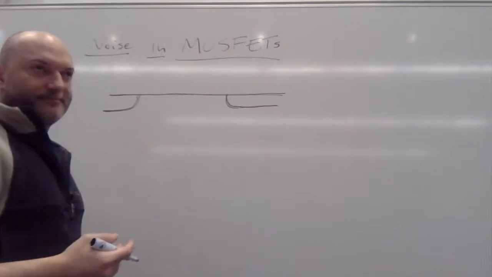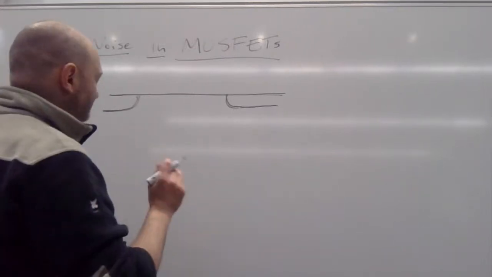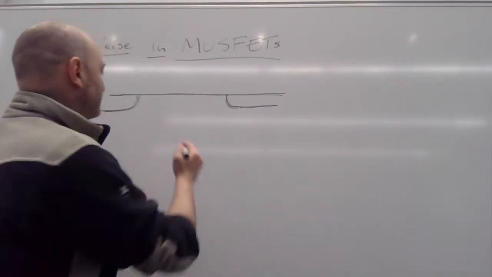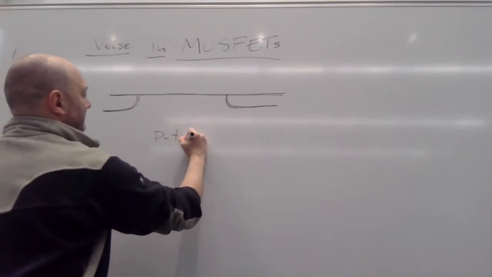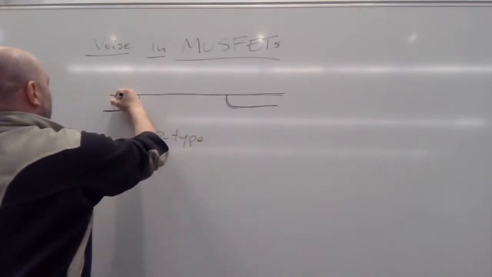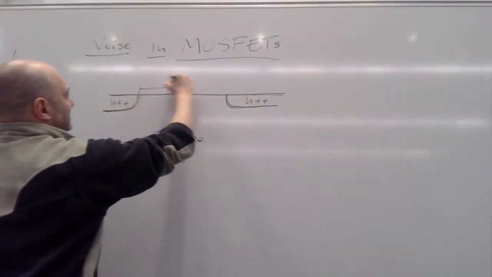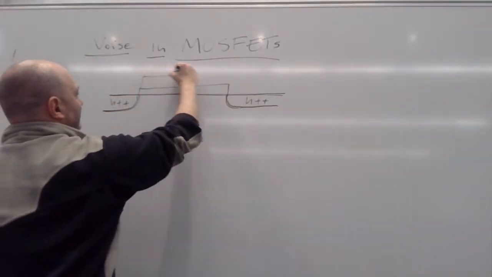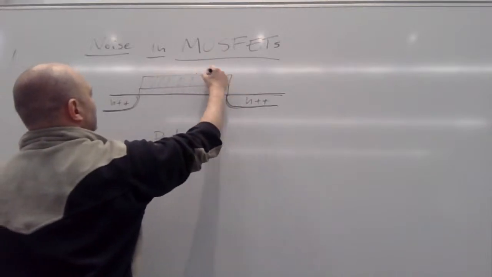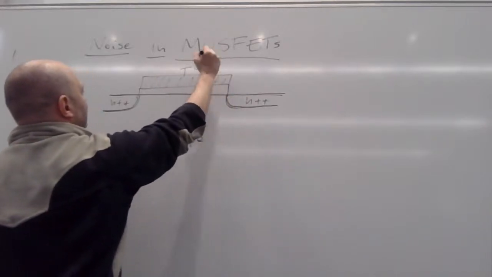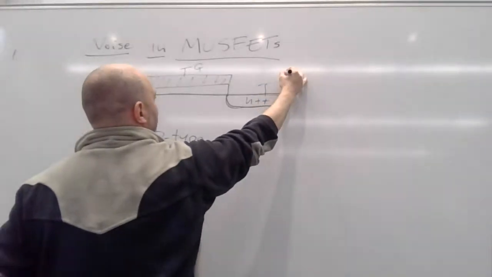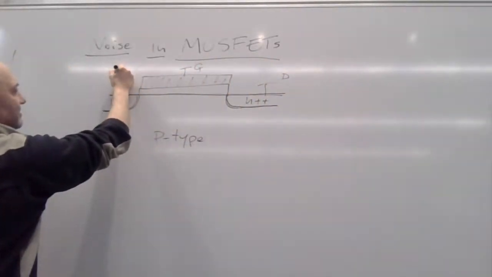Okay, then we got an N-type MOSFET. So we have a P-type substrate. This one is P-type. Then we got our source and drain contacts, gate oxide, and gate contact here on top. Okay, the gate. This is our drain. This is our source.